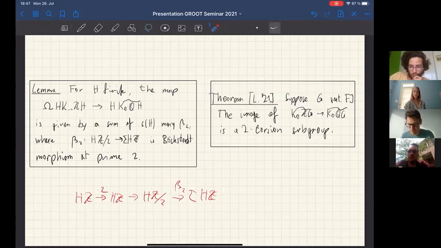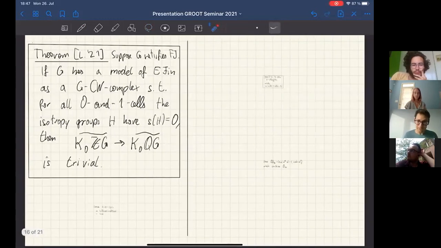So there's a little bit more work to do, but fundamentally what I've shown is that the image of this map is always a 2-torsion subgroup. Okay, well, we were hoping it was trivial because that's what happened in the finite case, but at least we have some bound on how bad this is. And we can make this a bit more precise.